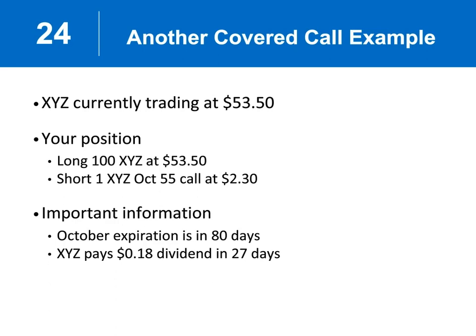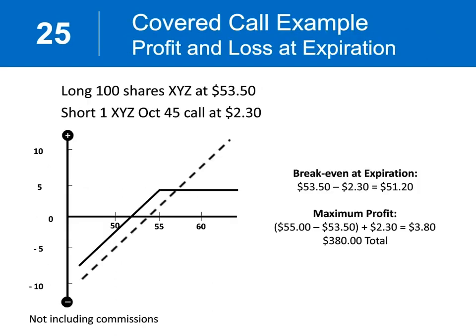There's no way. The option's trading for $2.30. So we can be darn confident that we're going to, in addition to collecting the $2.30, take in that 18-cent dividend as well. And again, if you have questions about that, it's always good to check with your broker just to be sure.